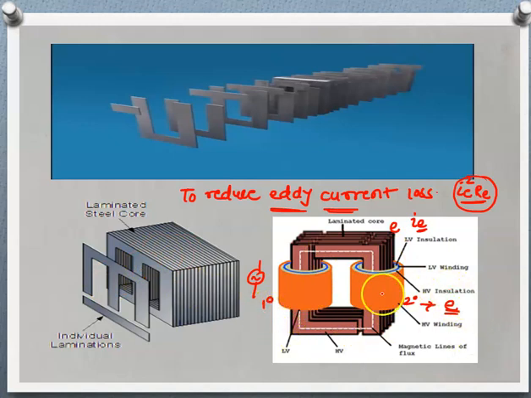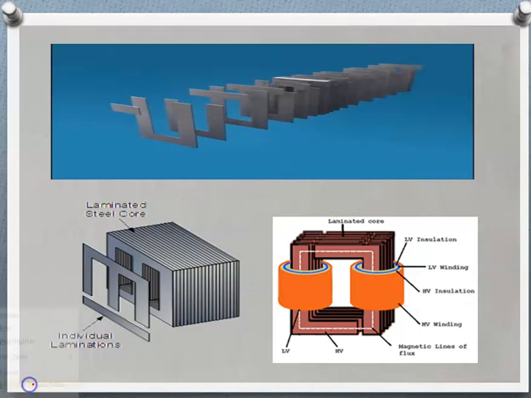Then, see here, the windings are placed on different limbs. Here we have LV and HV winding. Here also we have LV and HV winding, so that the leakage flux can be avoided.